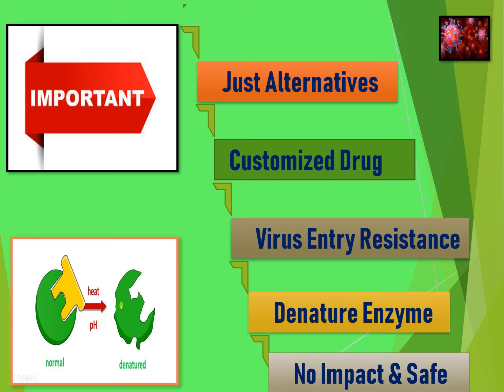To avoid these problems, we need a customized drug, meaning a medicine which can really act on this identified virus, pacifying the viral impact on the human cells. This customized drug should resist the entry of the virus into our body. That is very, very important.